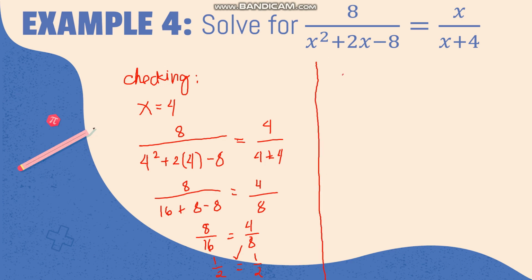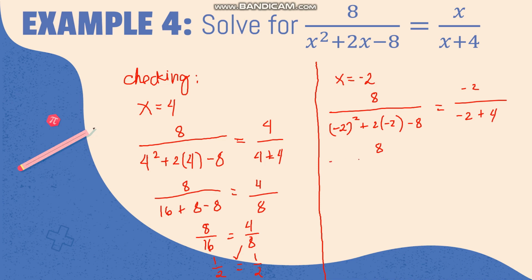Now let's try x equals negative 2. Again, let's substitute: 8 over negative 2 squared plus 2 times negative 2 minus 8 equals negative 2 over negative 2 plus 4. So we have 8 over 4 minus 4 minus 8 equals negative 2 over, and negative 2 plus 4 is 2.